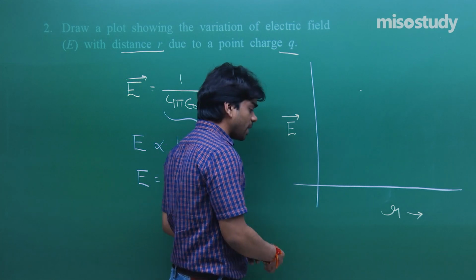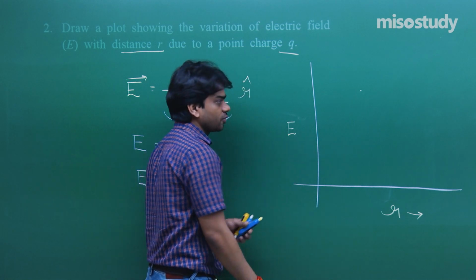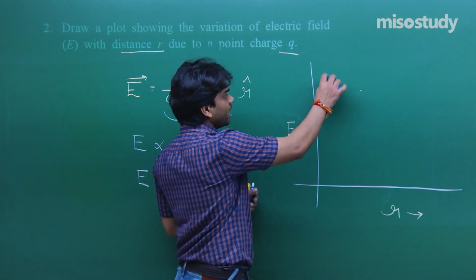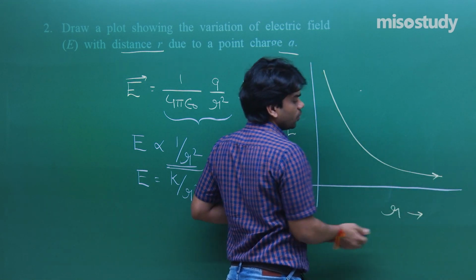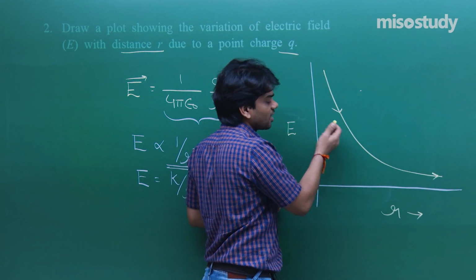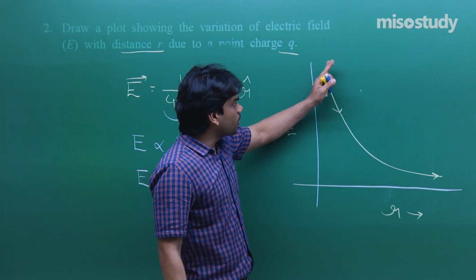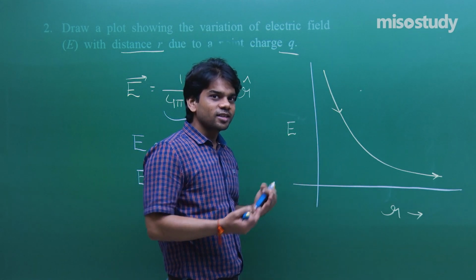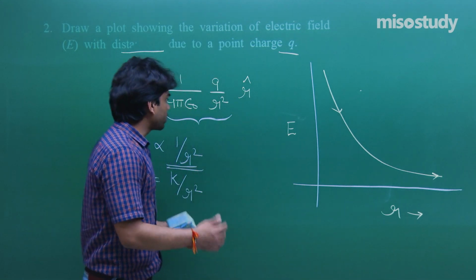Since we are talking only about the magnitude, let me use only a simple scalar representation for electric field. So it will vary in this sense, it's an inverse square law. So the field value decreases as R increases, and it will be very high when you are trying to estimate the field near the charge. Simple question, let's not take more time on this.